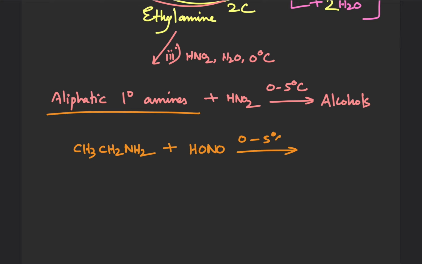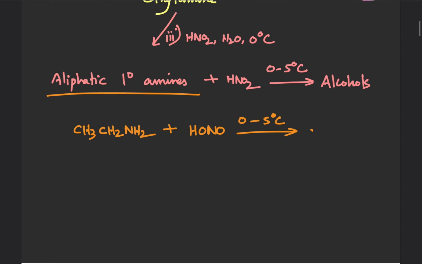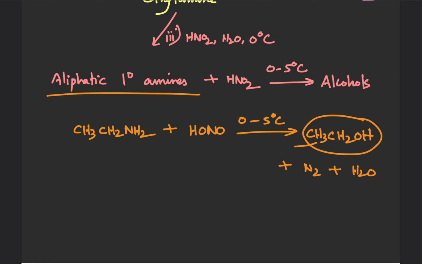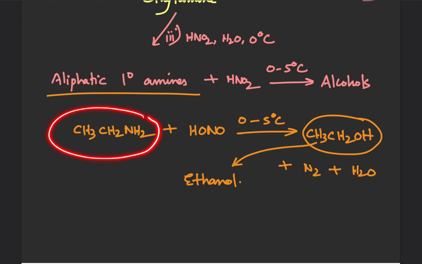Temperature should be between 0 to 5 degrees Celsius. So we will get the alcohol CH3CH2OH plus nitrogen plus water. So this is our ethanol or ethyl alcohol. Be careful: if there was a primary aromatic amine instead of an aliphatic amine, in similar conditions we would have got diazonium salts, and not alcohol. So be careful.